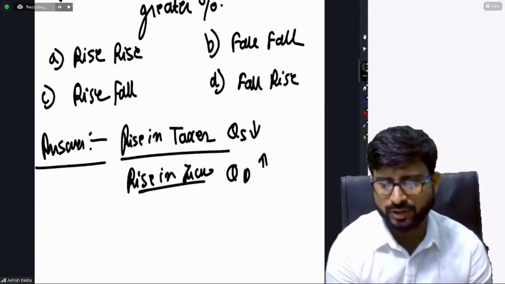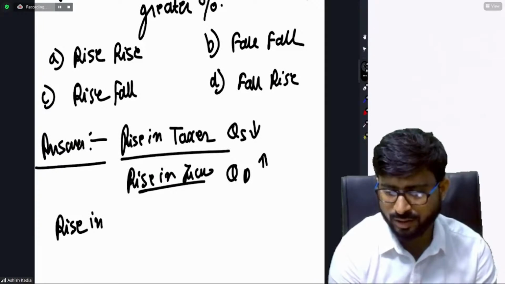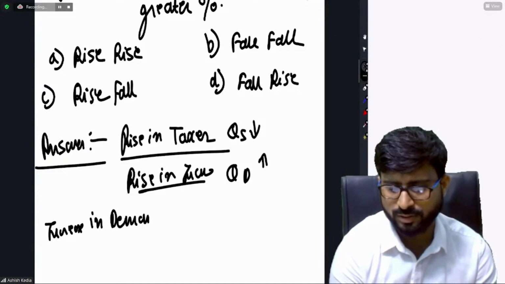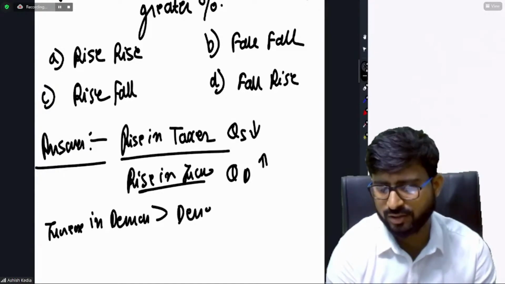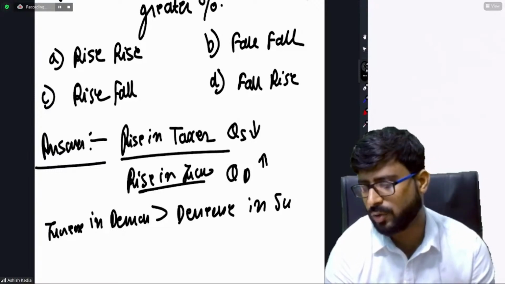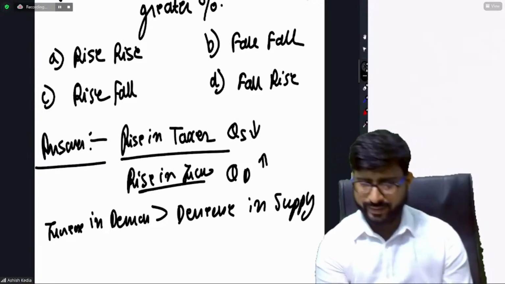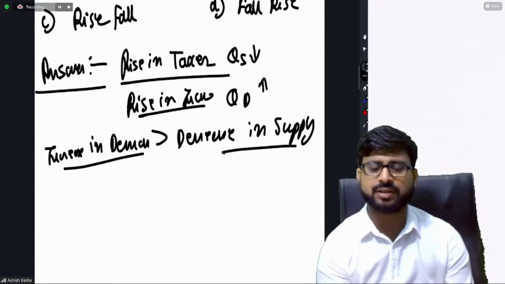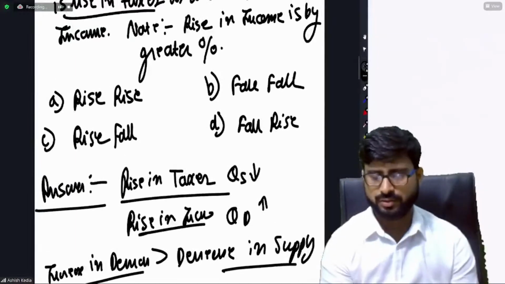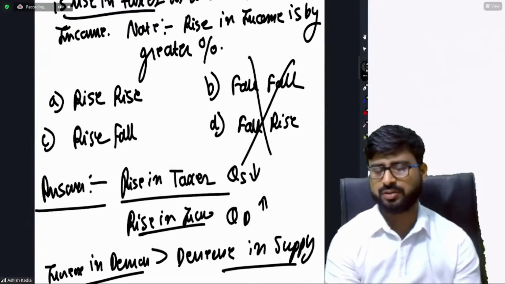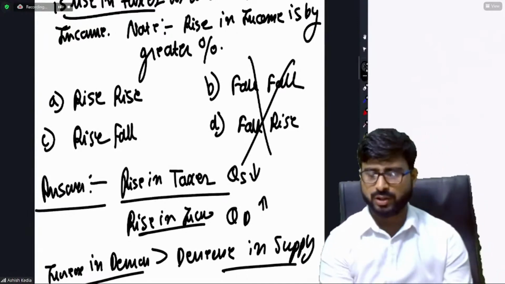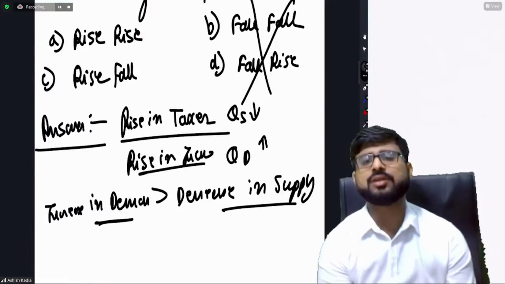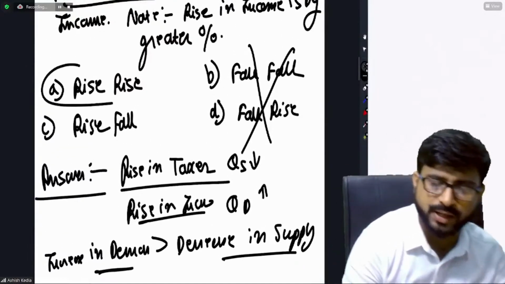So it is a case where there is rise in demand or increase in demand greater than decrease in supply. Got it? This case I gave you indirectly though. Now if demand is increasing and supply is decreasing, excess demand, price is going to rise. So B and D can't be the options. Now, what will happen to quantity? I told you, whichever is happening more strongly. Demand is increasing by a greater proportion, so the answer will be rise.